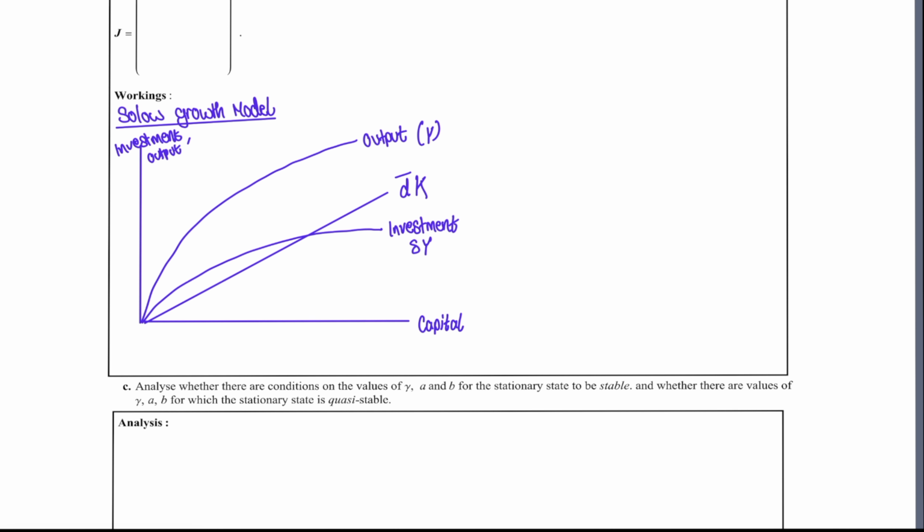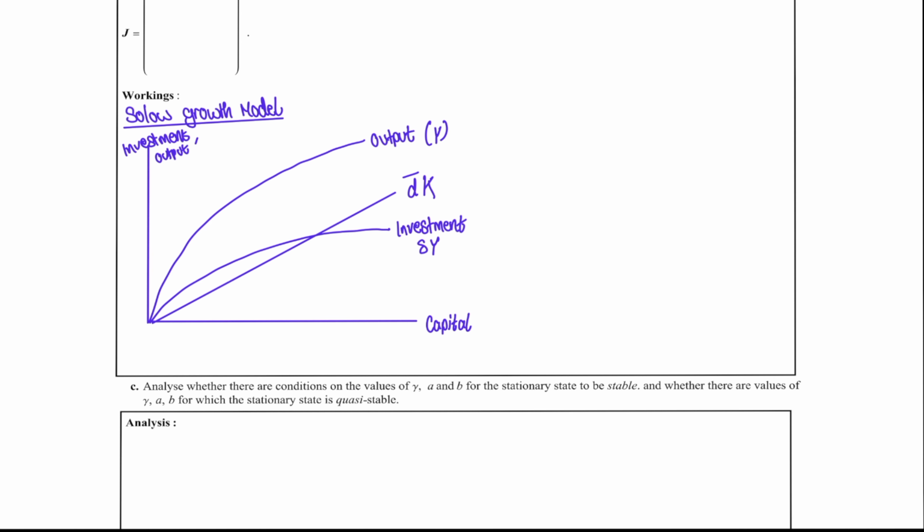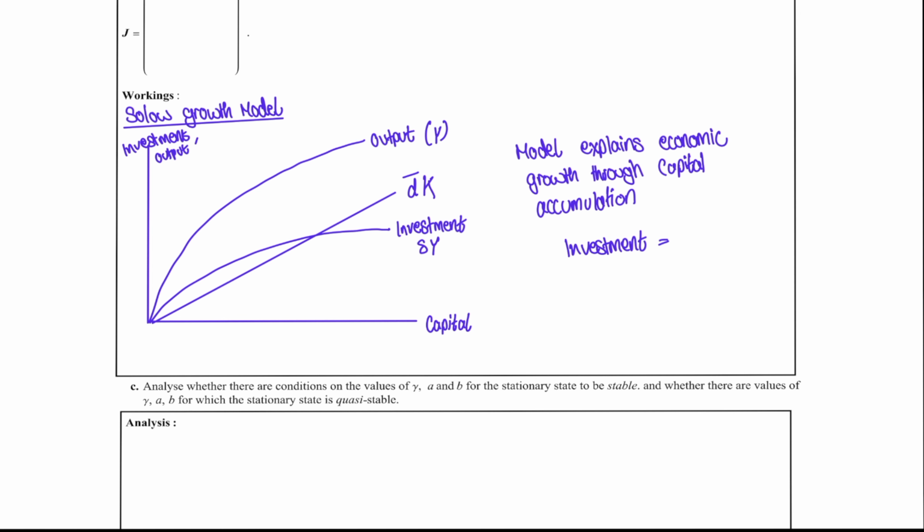Now, this model explains economic growth through capital accumulation, and we see that when investment is equal to depreciation, which would be this point over here, we have a steady state.